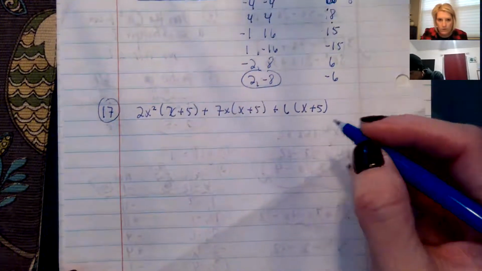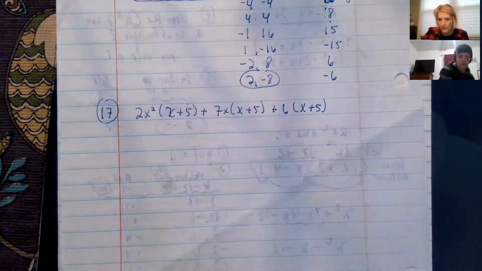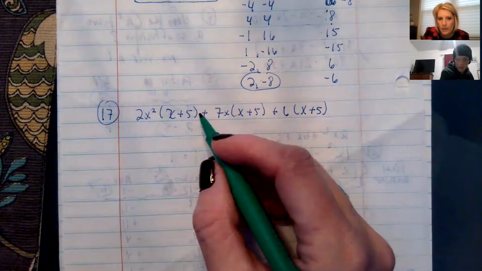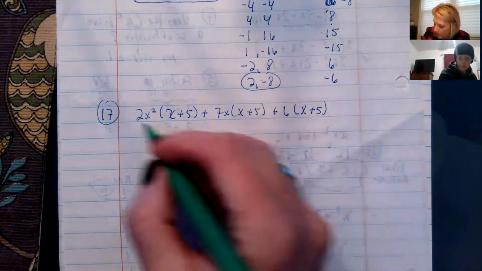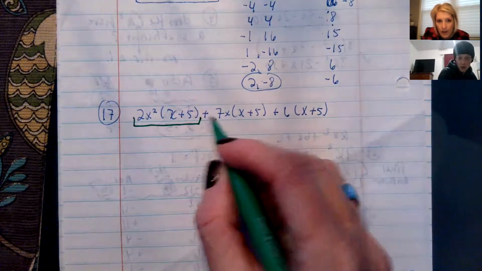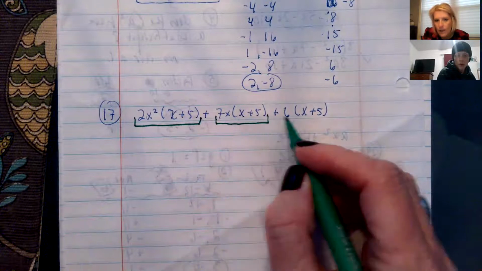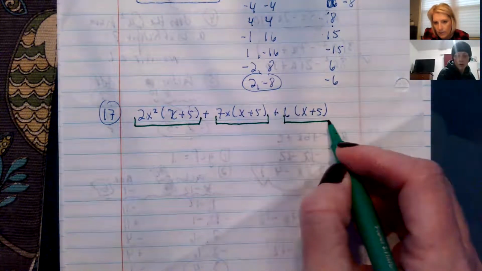So I'm just going to underline my terms. Terms are separated by addition and subtraction. So we've got this whole thing is a term. And there's terms within there, but then this whole thing is a term. And then this whole thing is a term.